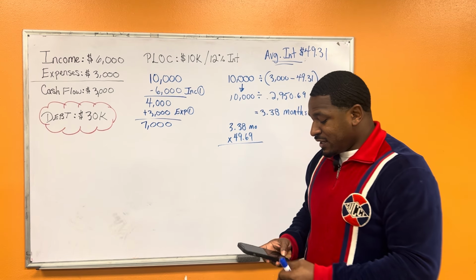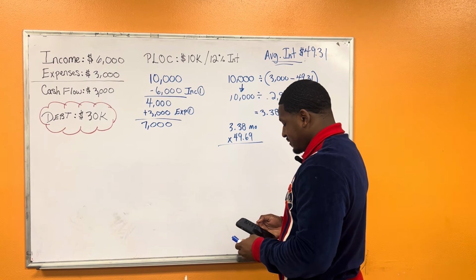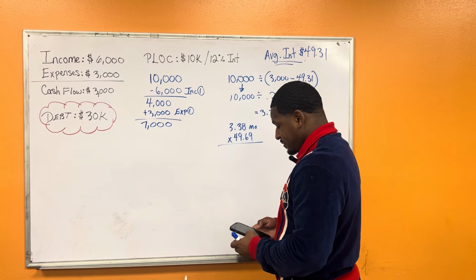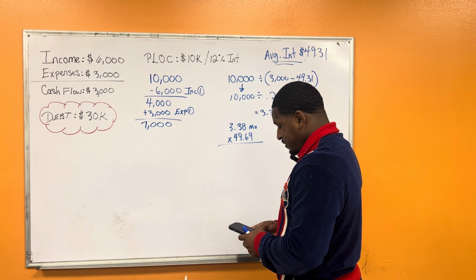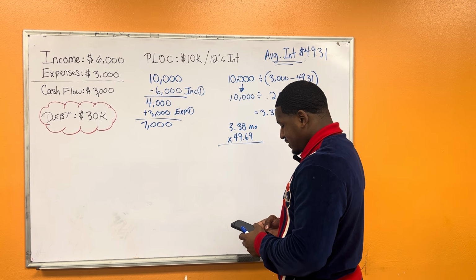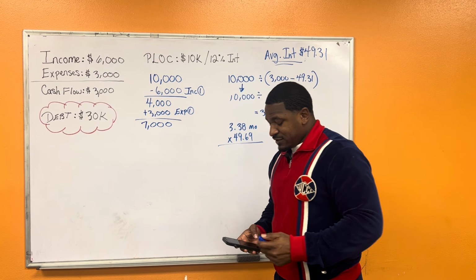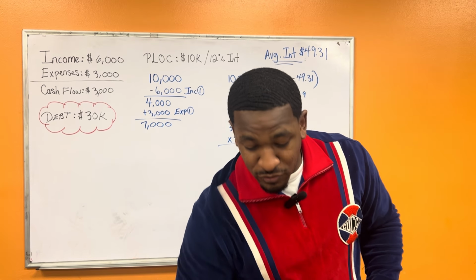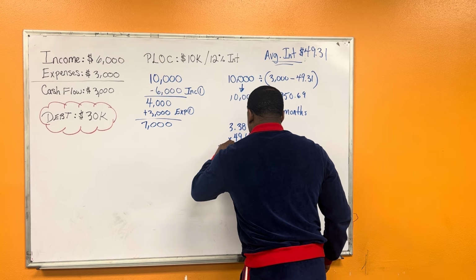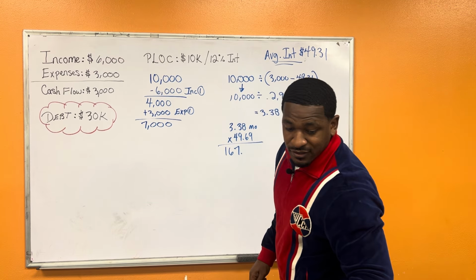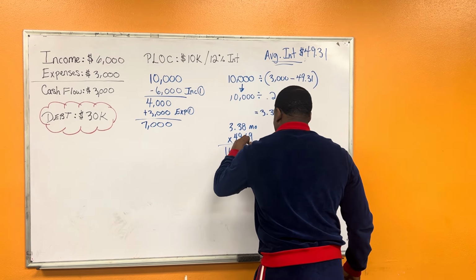So let's calculate that and let's see what we get. 3.38 months times 49.69 is $167.95.